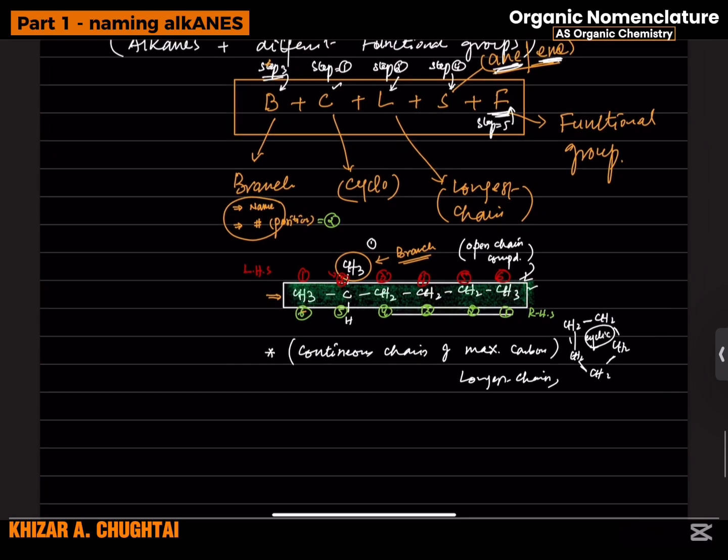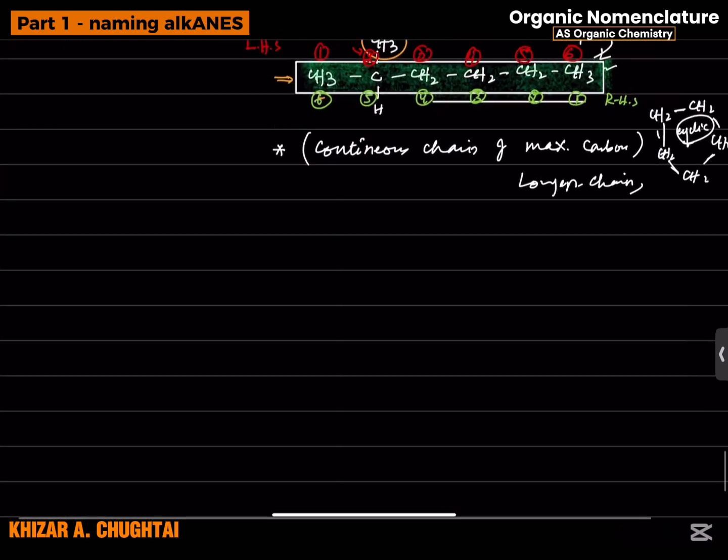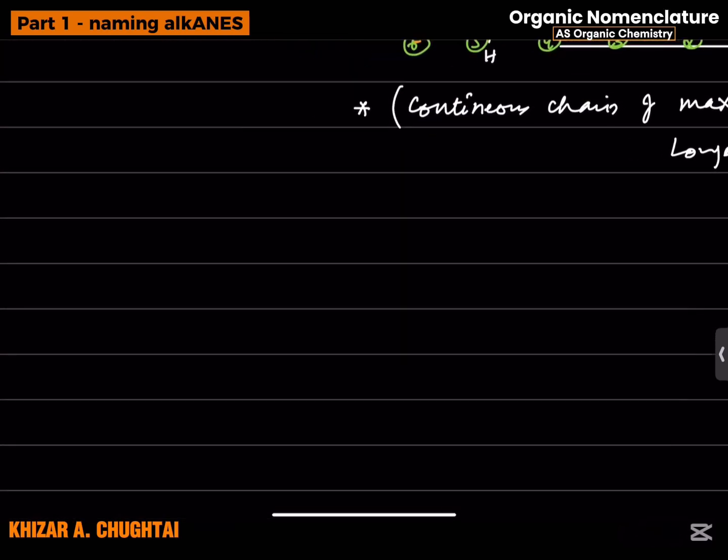So how to write the names of different groups? I'm going to tell you our key once again. If an organic group has one carbon atom, its name will start from meth. Any group that has 2 carbon atoms, its name will start from eth.